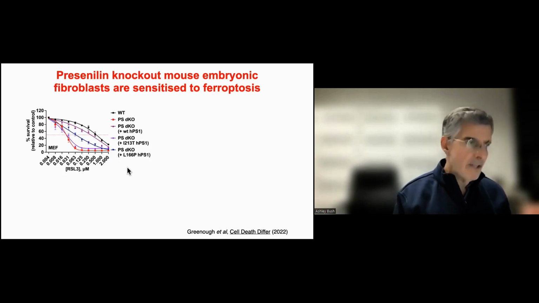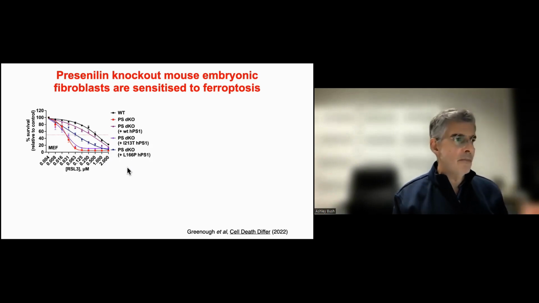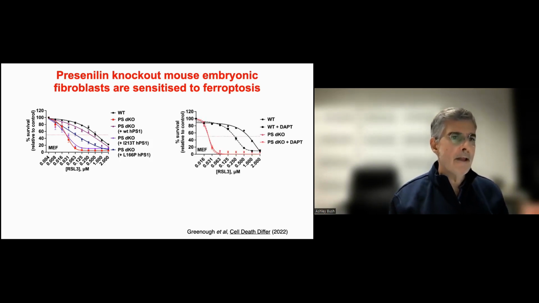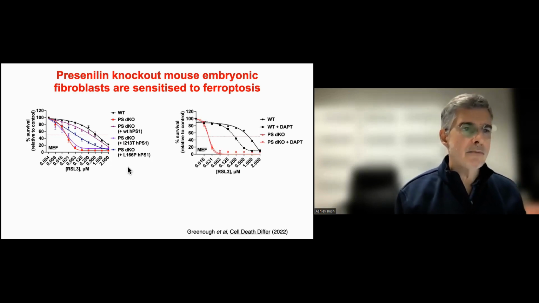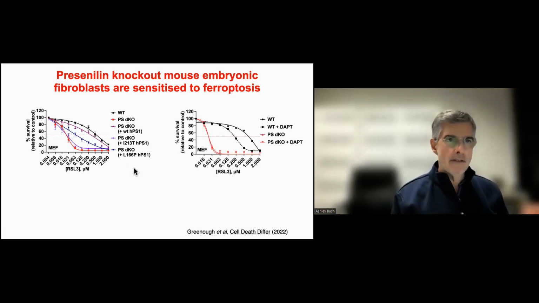So these data argue that the familial Alzheimer's disease mutations of presenilin are a loss of function. And this activity is related to gamma secretase activity because if we treat the wild-type fibroblasts with DAPT, a gamma secretase inhibitor, we shift the kill curve to the left. So these cells are more sensitive to ferroptosis.